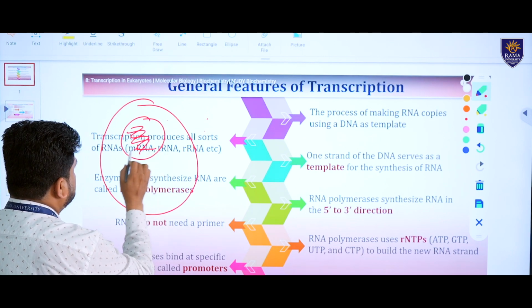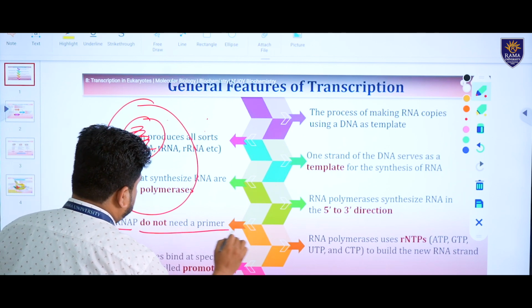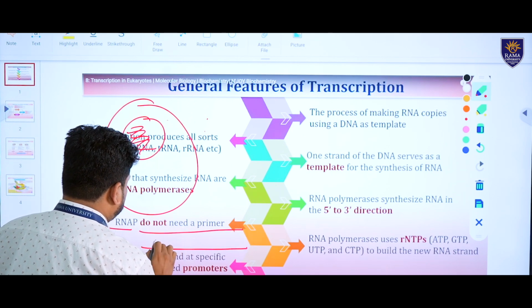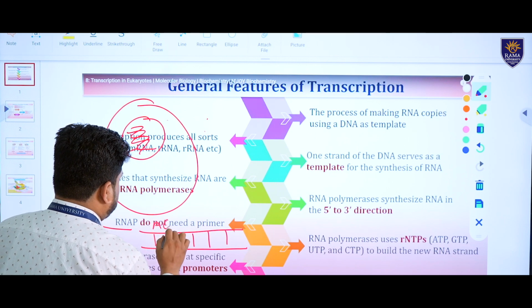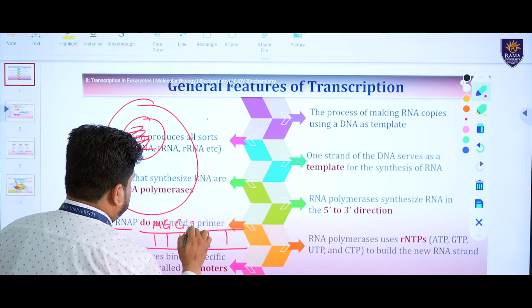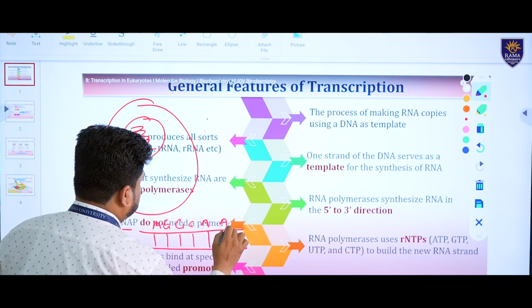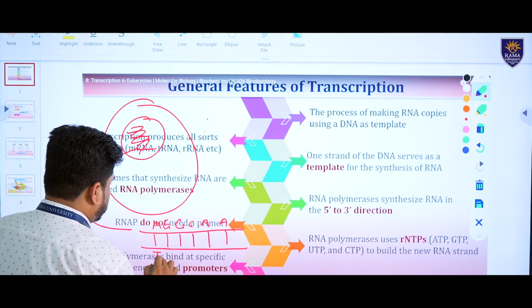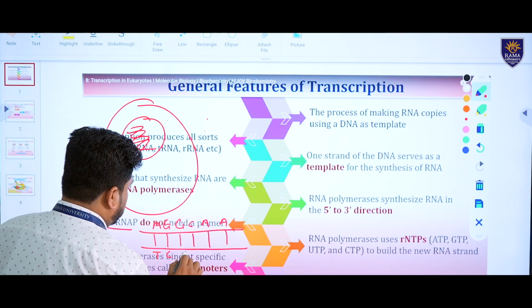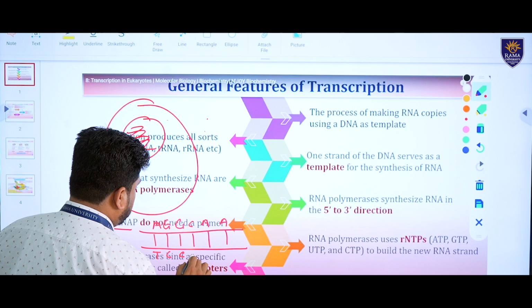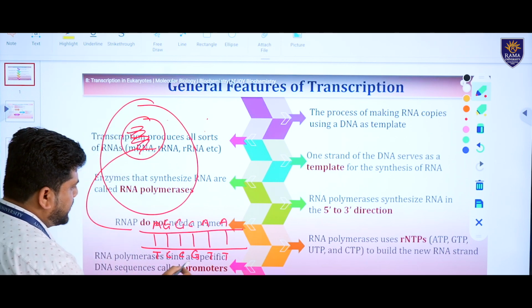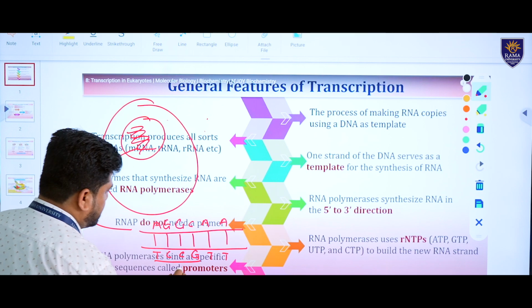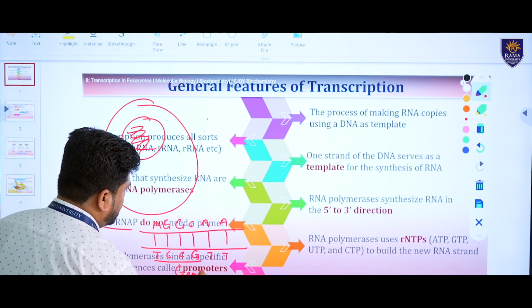These DNA are double stranded and they have a specific sequence of nitrogenous bases, and this specific sequence of nitrogenous bases is called the gene.